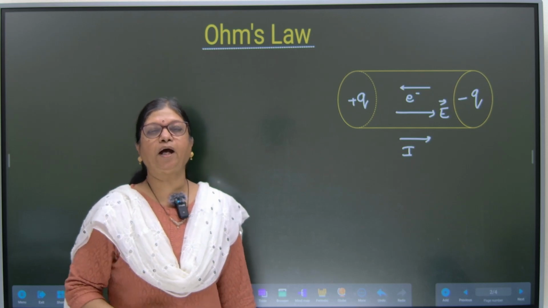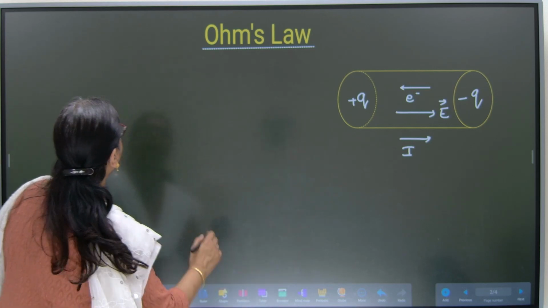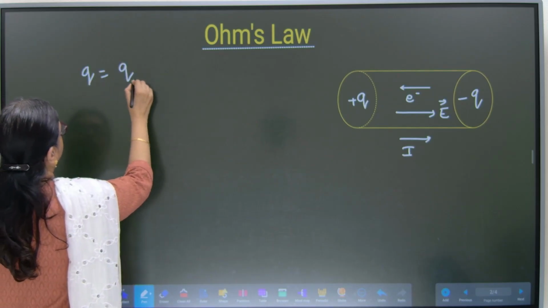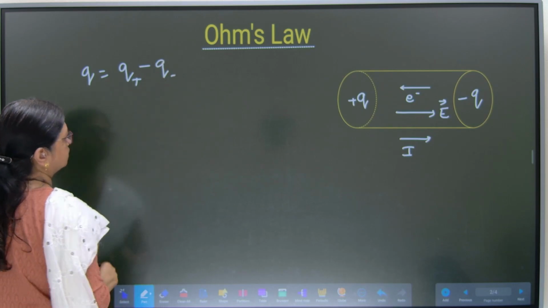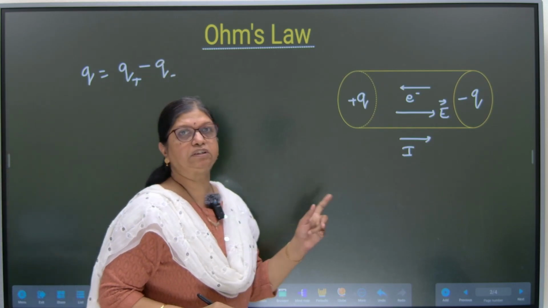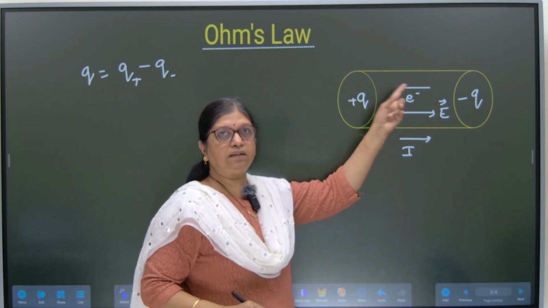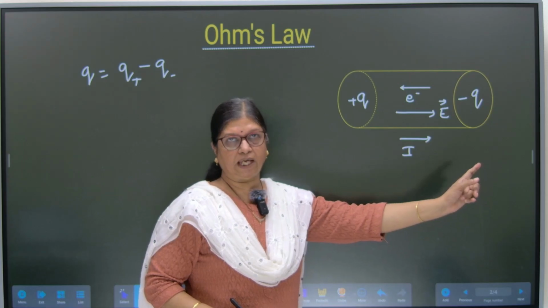Now, the net amount of the charge that flows through the conductor can be written as Q is equal to Q plus minus Q minus, and the flow of the charge is in a positive direction. If electrons are in the negative direction, then the flow of the current is in the positive direction.